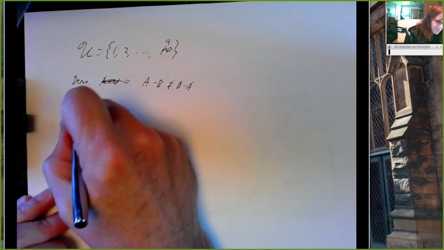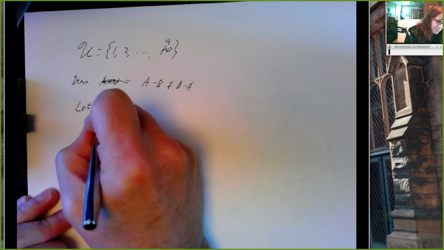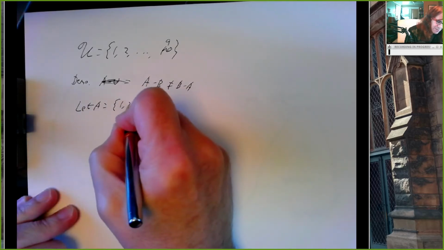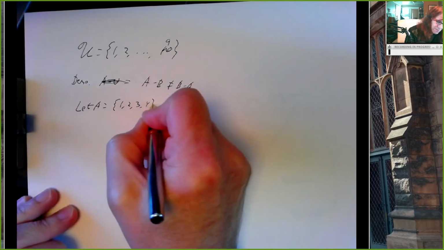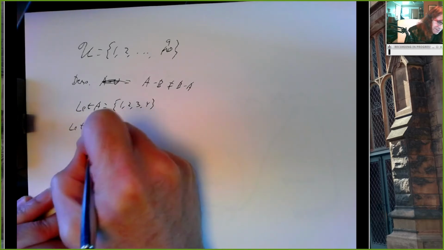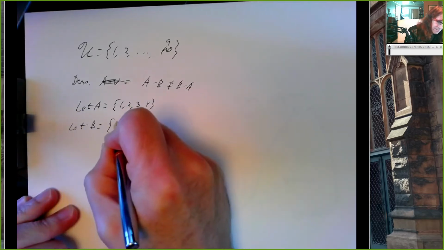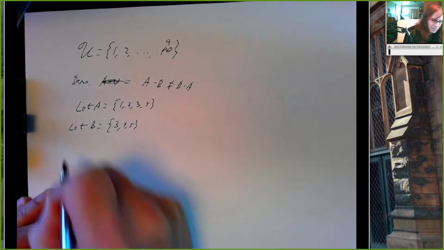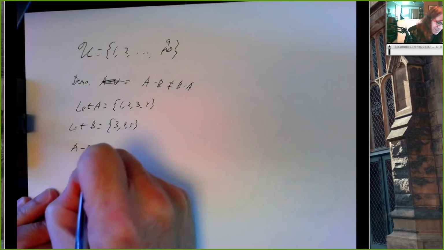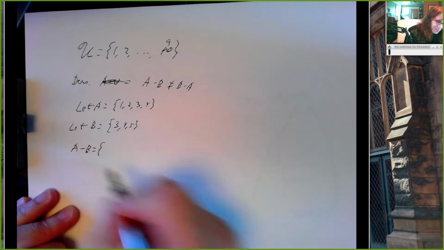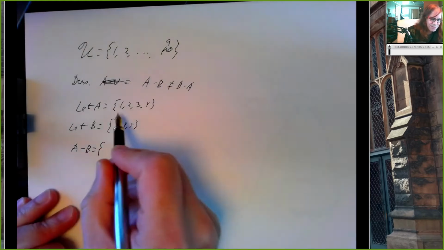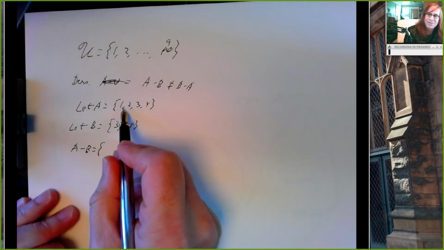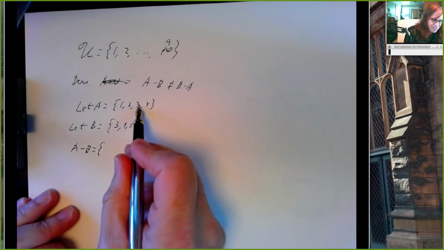So I could say something like, let A be the set containing 1, 2, 3, 4. Let B be the set containing 3, 4, 5. Now I would say A minus B equals, and I would do that calculation. A minus B says start with A and toss out anything that you find in B. So I'm going to toss out the 3.